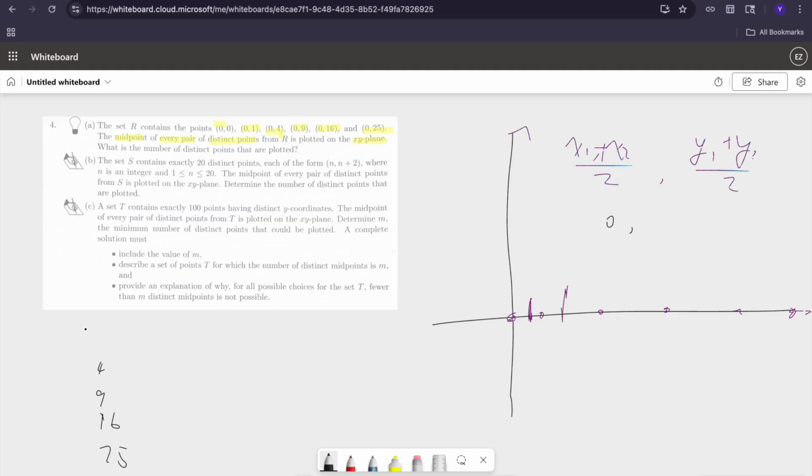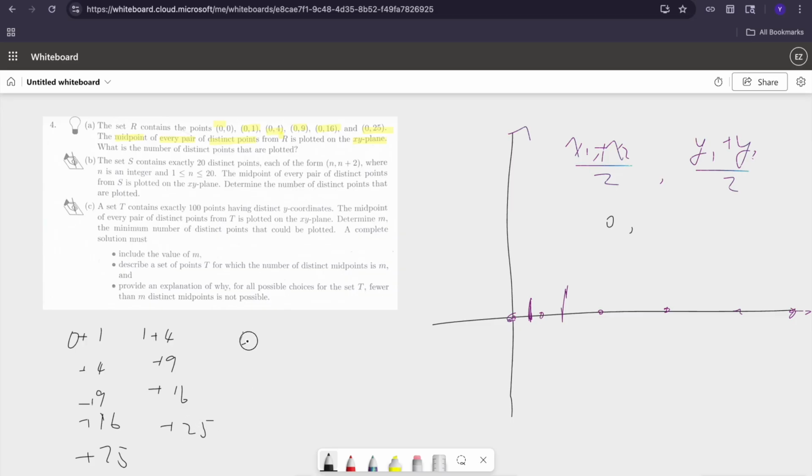Continue: 1 plus 4, plus 9, plus 16, and then plus 25.